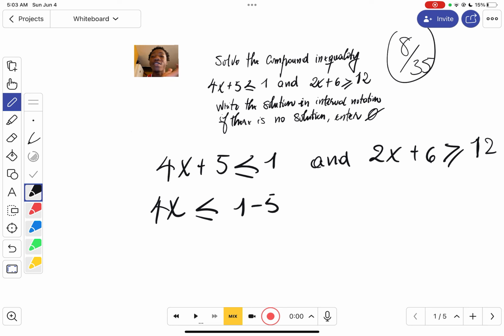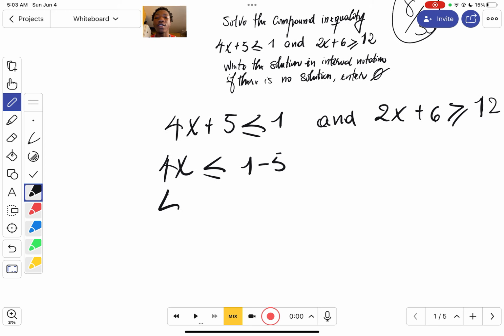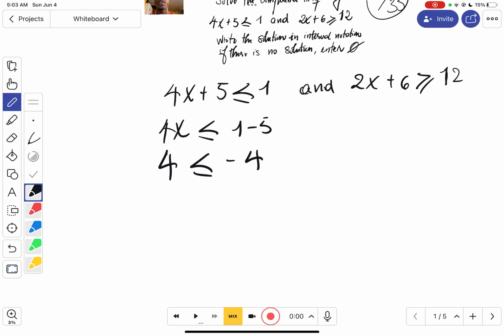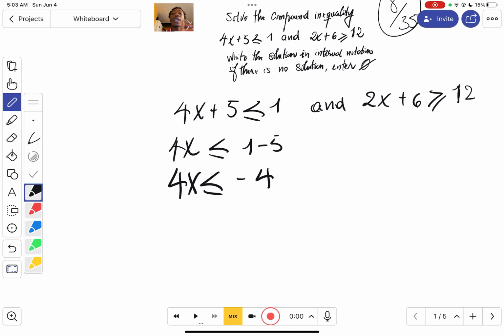The 5 was on one side and is going to the other side, so we need to change the sign because that's the rule. So it's gonna be 4x less than or equal to negative 4, negative because the greatest number is 5, so it takes the sign of the greatest number. To solve that, you need to get the x by itself.